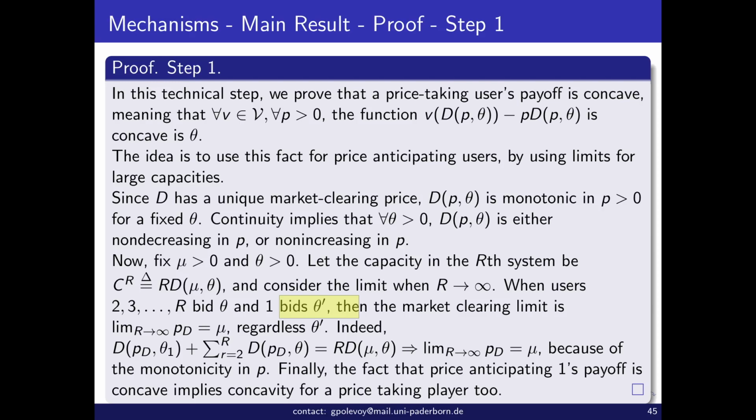What will the market clearing price be in the limit? It will show that regardless of what user 1 bid, the price has to be mu, because what user 1 gets is of course D of this price and theta 1.